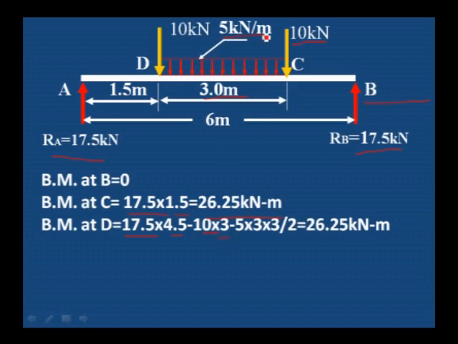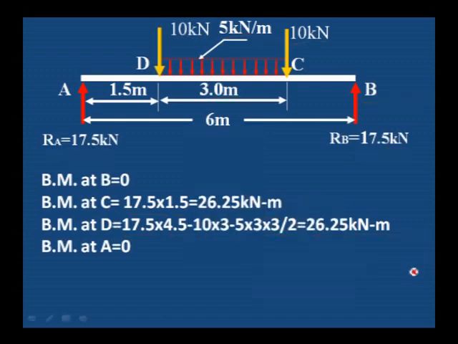Then the uniformly distributed load, 5 kilonewton per meter into 3, 15, into the distance at which it acts, at the center of this 3 meter, that is 3 divided by 2, 1.5 from D. Therefore, 26.25. Even you can calculate the bending moment at D by RA into 1.5, which is equal to 26.25 itself. Bending moment at A is equal to 0. Okay, these are the values of bending moment.